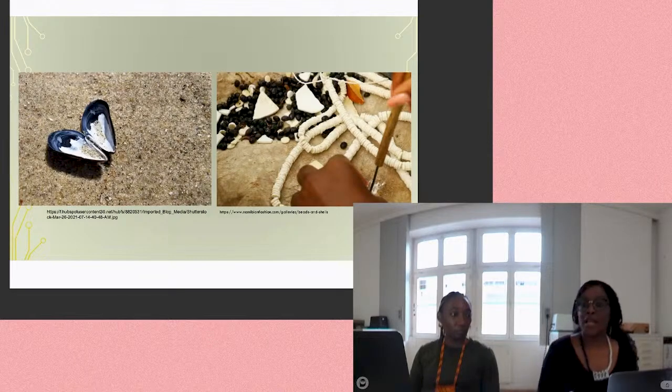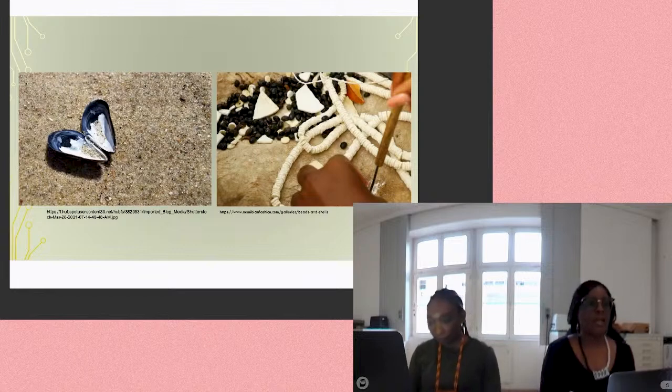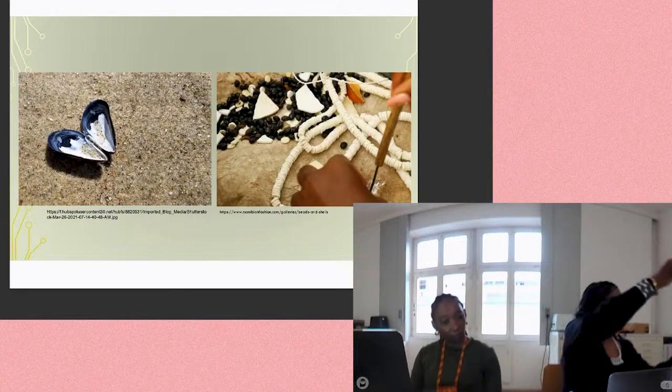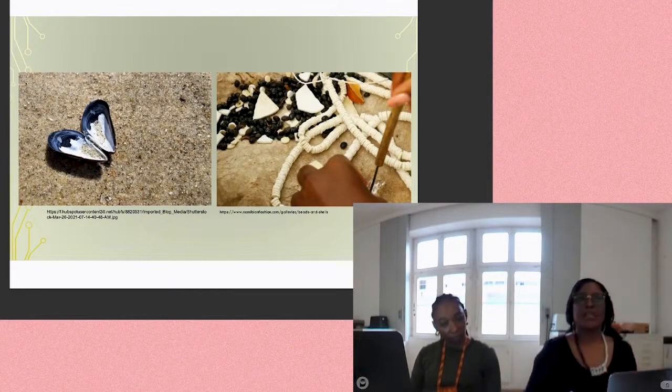I'm actually happy that the craftswomen found new ways to create them, and one of them is by using recycled material. Oh yes, I brought an example for you, onyoka beads. They are now using recycled seawater shells.